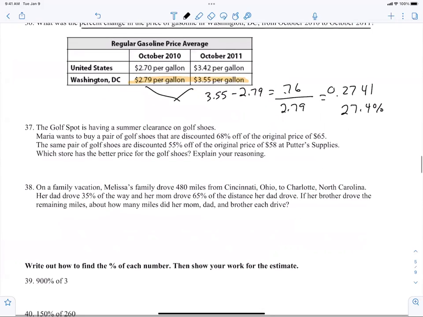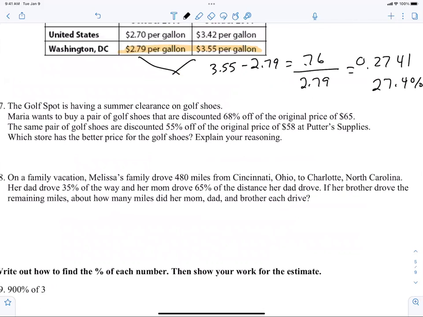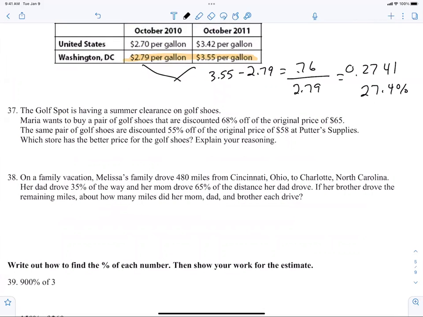All right. So here we go. 37. It says the Golf Spot is having a summer clearance on golf shoes. They're 68% off. The same pair of golf shoes is $65 at another store. Now you're just making a comparison, right? So if you get 68% off, what do you have to pay for the shoes?